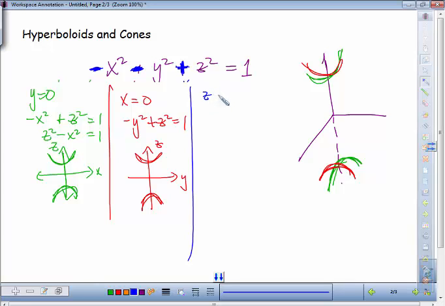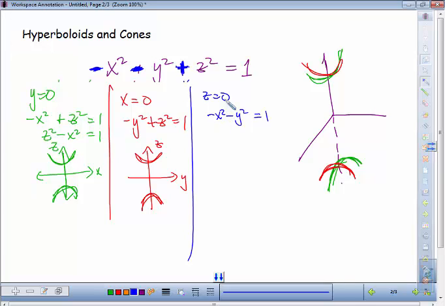Let's see what happens when z is equal to 0. Let's see what happens when this thing intersects the xy plane. You have negative x squared minus y squared plus 0 is equal to 1. So there's an issue here. This is positive 1. Whether the x and the y are positive or negative, they're going to be squared, so the quantities themselves are going to be positive, but then there's a negative in front of both of them.